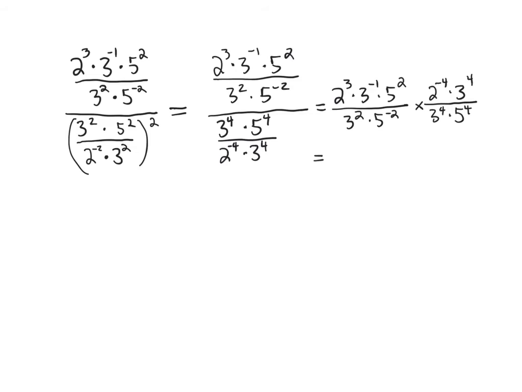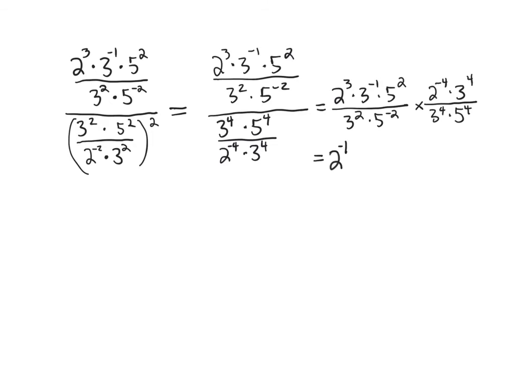So we have 2 to the 3 times 2 to the negative 4. So that's going to be 2 to the 3 plus negative 4. So that's 2 to the negative 1. 3 plus negative 4 is negative 1.